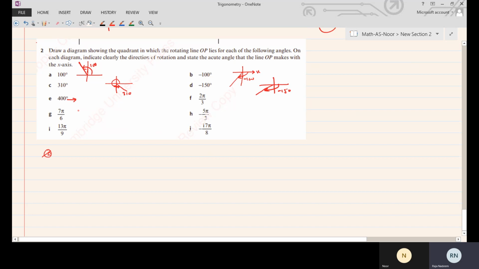Okay, 400. Start anti-clockwise, and it will be in the fourth quadrant. Because it's more than 360, it will again be in the first quadrant. How much greater than 360? One whole round and 40 in the first quadrant again.